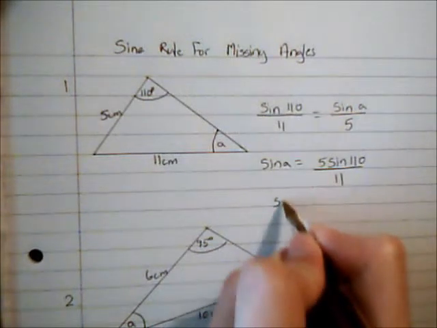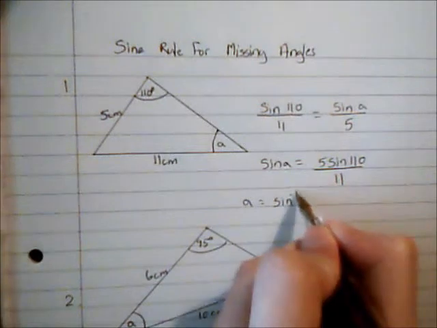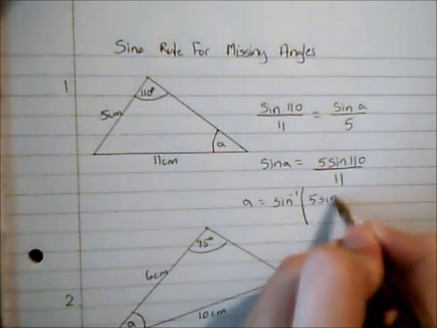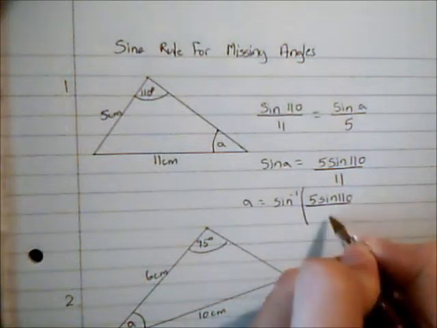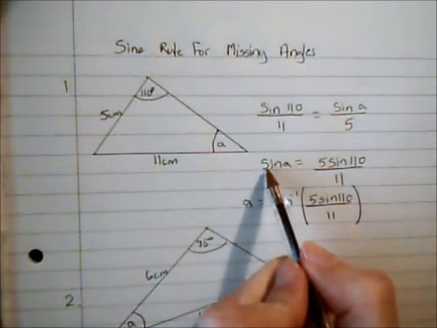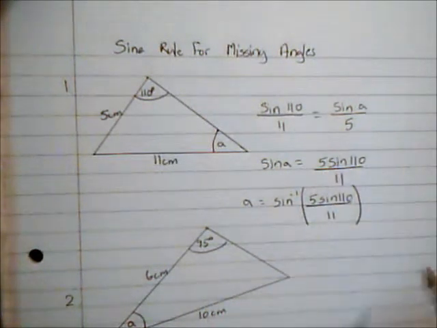So I'm going to do A being equal to arc sine of 5 sine 110 divided by 11. So doing the arc sine of this side cancels out the sine and leaves me with A, and the arc sine of this is written this way.